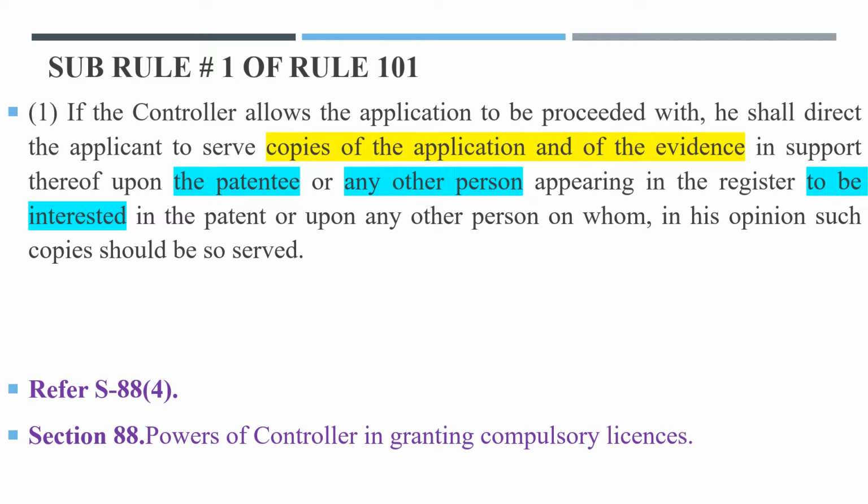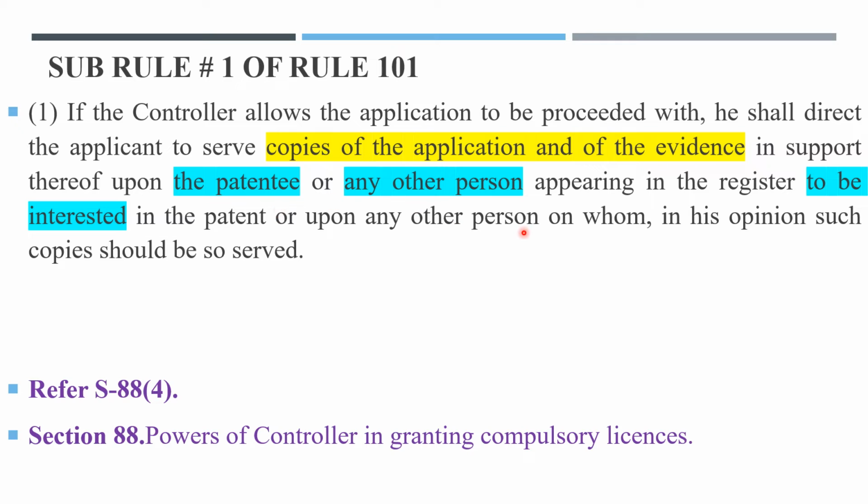If the controller allows the application to be proceeded with, that means the controller is now okay with the application and has decided to proceed with it. Fine, this is the situation. Now he shall direct the applicant to serve copies of the application and of the evidence in support, that is, the application and the supporting evidences, upon the patentee. That means upon whom?